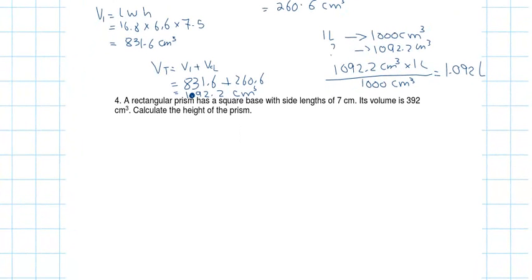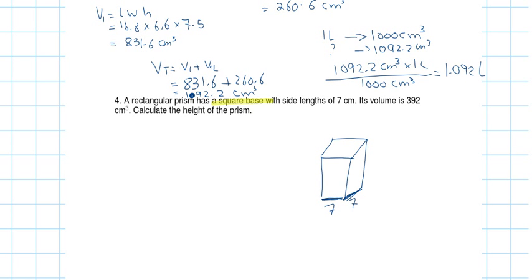This is where your trick is, and where you have to be careful when the question is asking you about a square base. That means you have the rectangular prism where your length and your width are equal to 7.